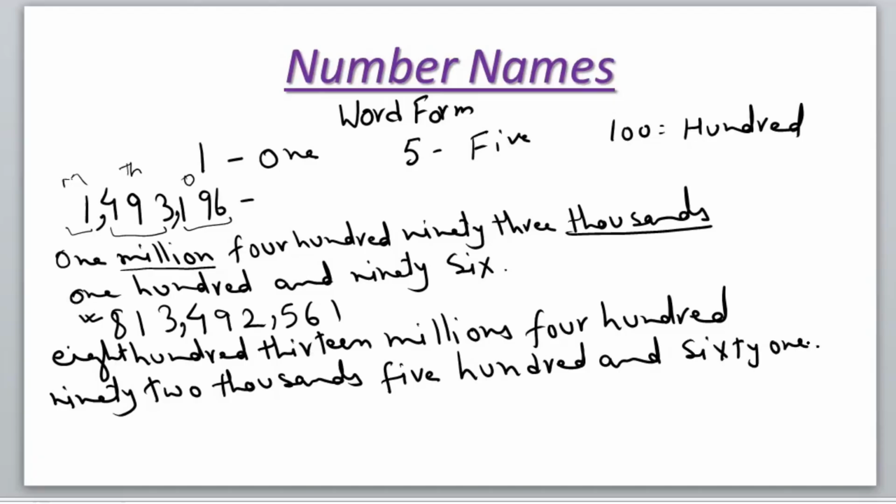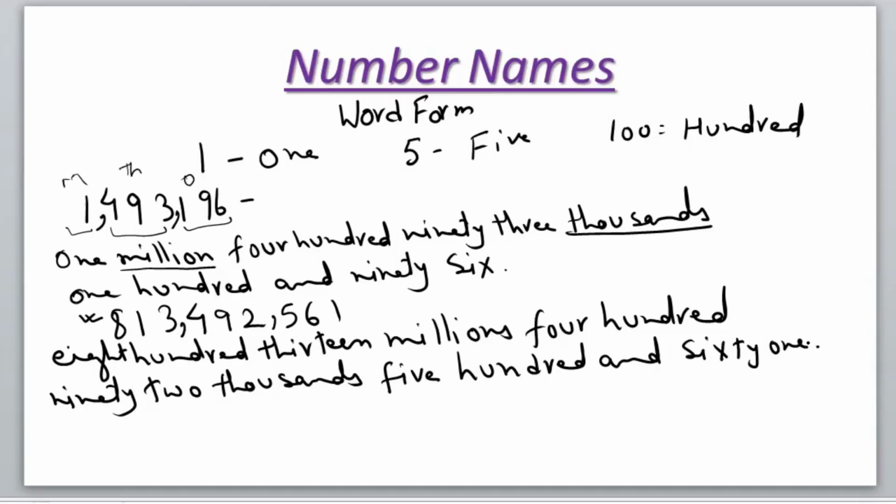See how easy it is to write down in the word form. 813 millions 492,561. See? Hope the number name is also clear to everyone.